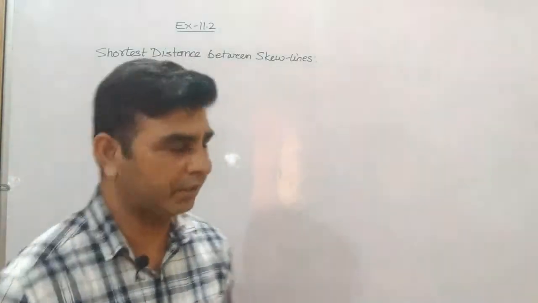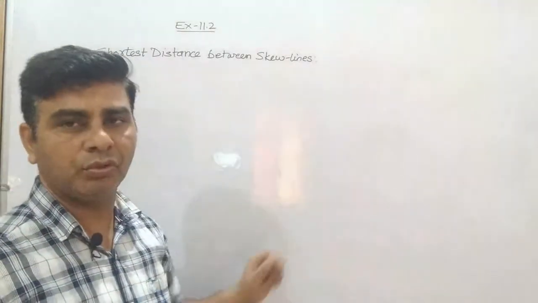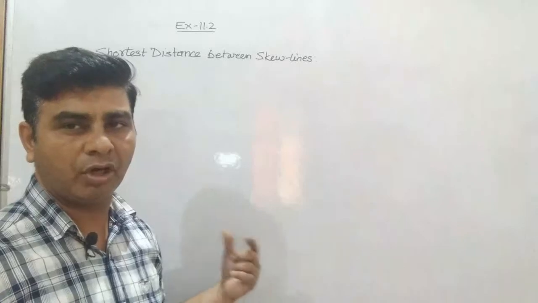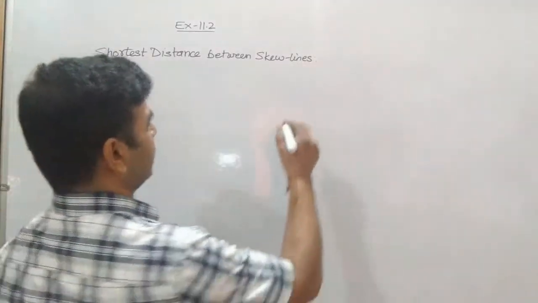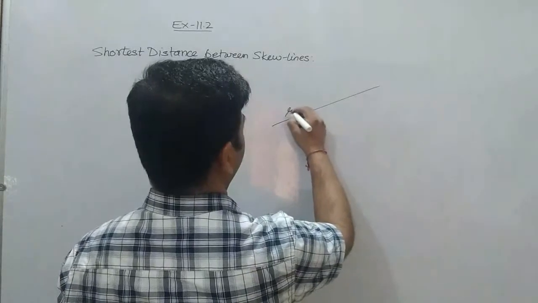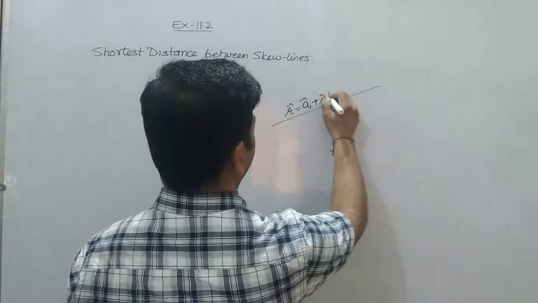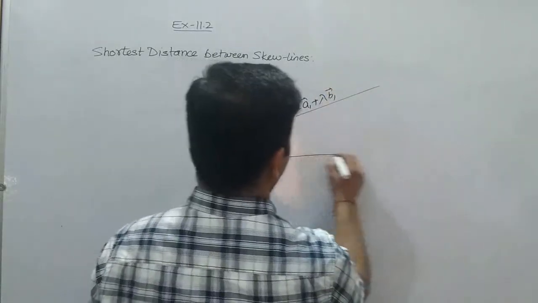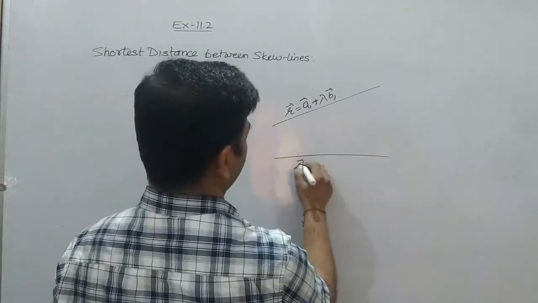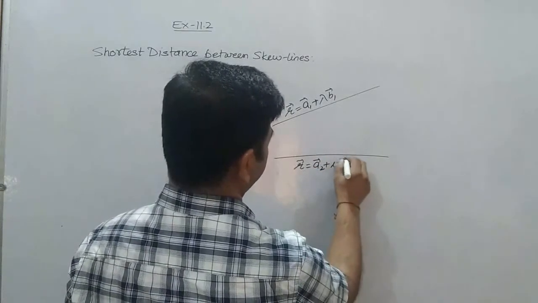So we are going to find the shortest distance between two skew lines, which do not belong to the same plane. Let me consider two lines. Let the first line have the equation vector r equals a1 plus lambda b1 vector, and the second line be given by vector r equals a2 vector plus mu b2 vector.